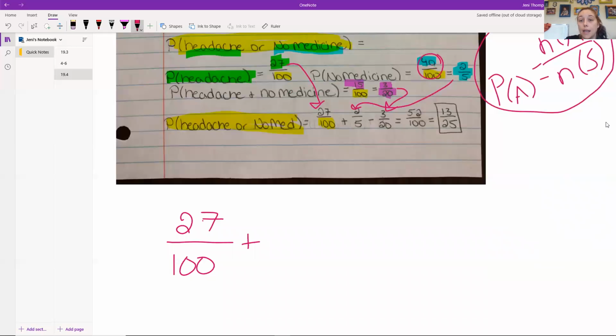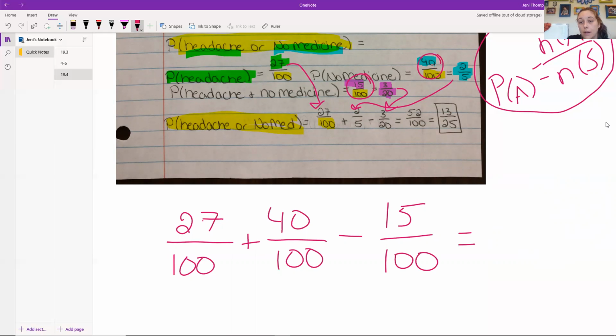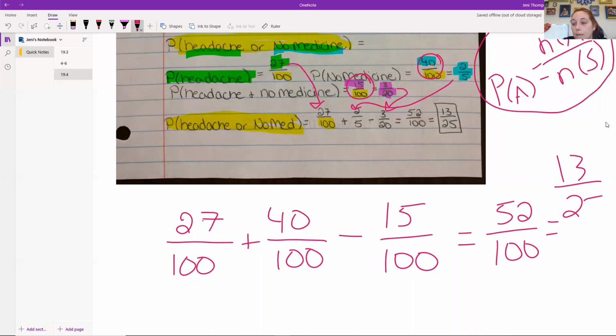And 2/5 started as 40 over 100, minus our A and B, which is 3/20 or 15 over 100. Okay. 27 plus 40 minus 15 is 52 over 100. And then we just need to reduce. We can divide both of those by 4, and that gives us 13 over 20.